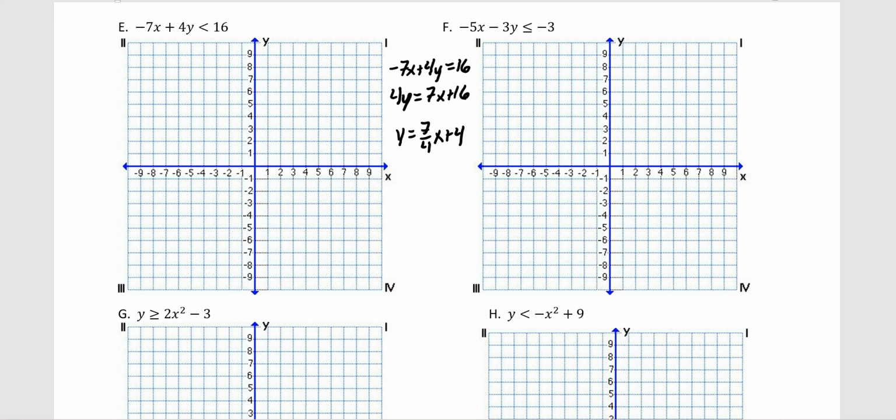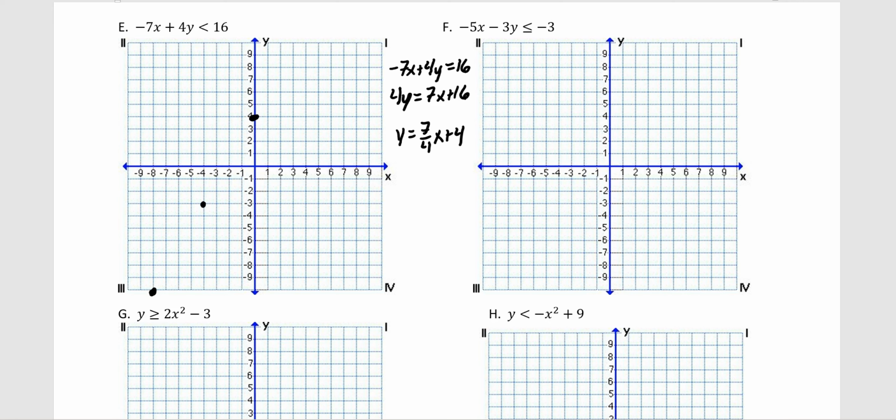Alright, so 7/4 x plus 4, y-intercept of 4, and then I would go up 7, right 4. I'm not going to be able to fit that in there, so I can go down 7, left 4, and down 7, left 4. That gives me 3 points there.